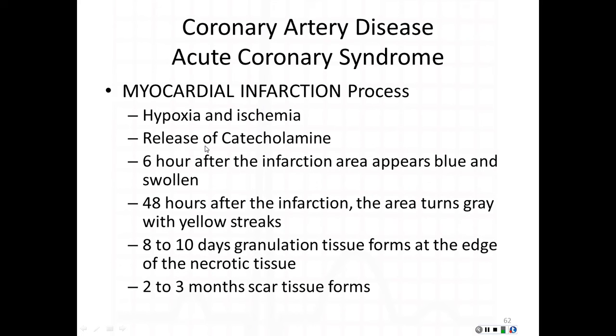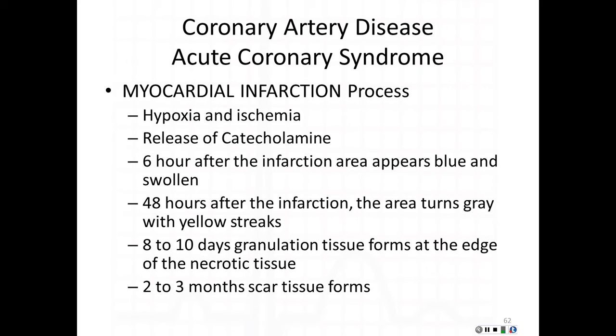Now think about what happens when there's a release of catecholamines. Catecholamines are going to increase the heart rate. Okay, it's also going to cause vasoconstriction. Both of those are going to increase the workload on the heart. The faster the rate, the more oxygen the heart needs.